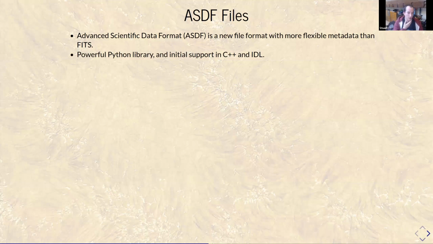So there's a very powerful Python library that can work with ASDF files, and there's also some C++ libraries that will read and write, and there is some support in IDL, which I am reliably informed is them wrapping the Python library into the IDL distribution. As I said, it's primarily built by, or for, JWST, so all of the JWST data is available in ASDF.